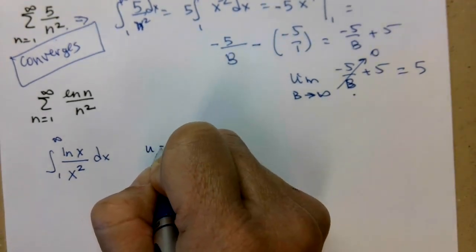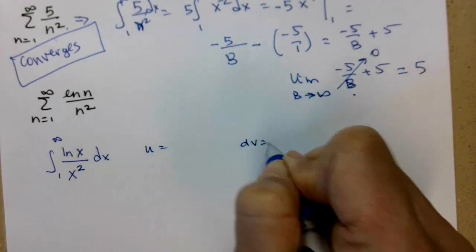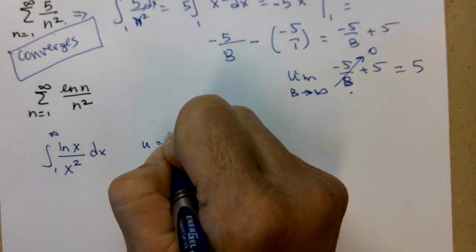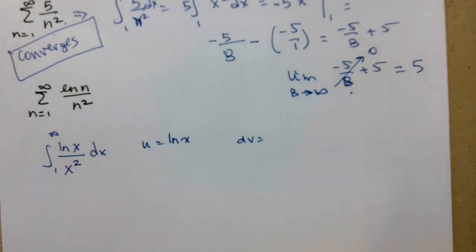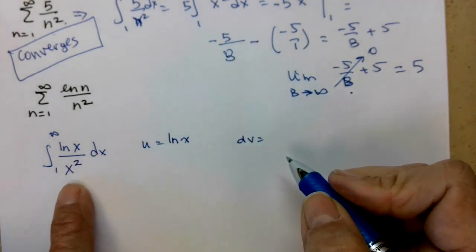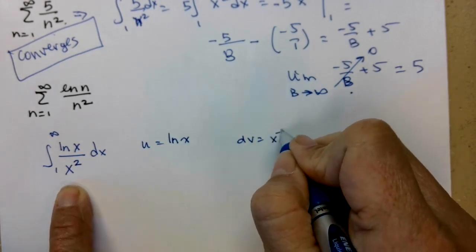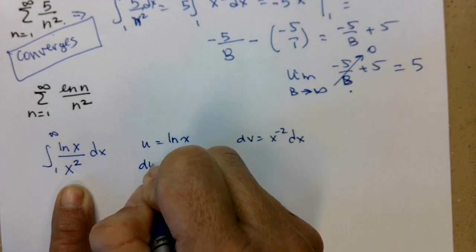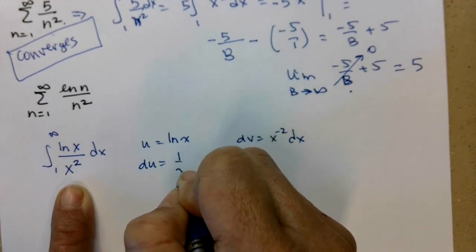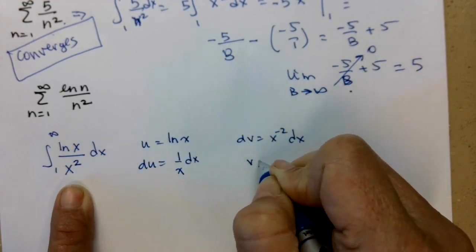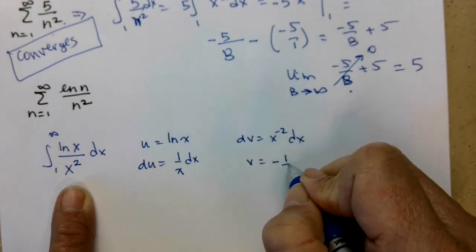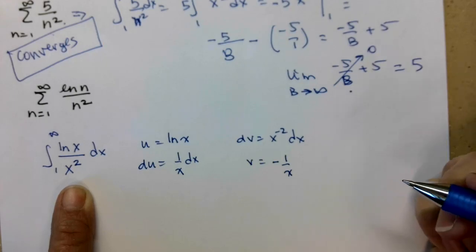So we need a u and a dv. So remember to pick u, something you know the derivative of, and we know the derivative of natural log x. So that means dv is going to be the rest of it. So that'll be x to the negative 2 dx. And then find the other part, so du would be 1 over x dx, and v, so now we integrate, v will be negative 1 over x.